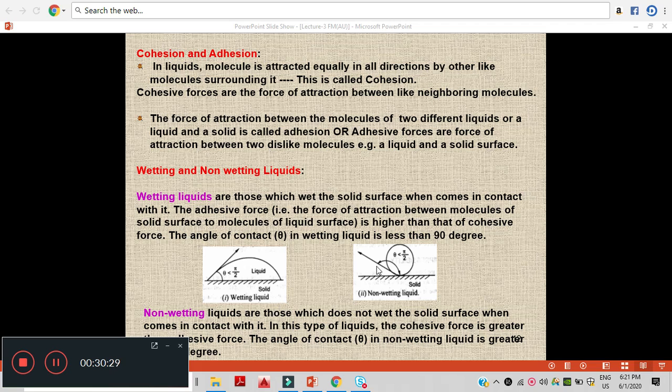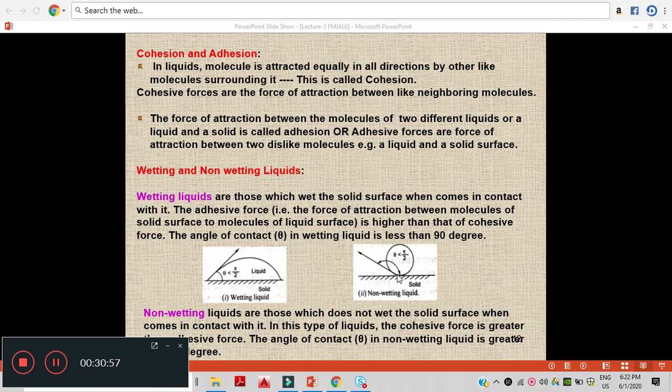Now there is another case. We put a drop of water on the surface and make a tangent at the edge of the water droplet with the solid surface. If the angle is greater than 90 degrees, such fluids are called non-wetting liquids, because they are not wetting the surface.